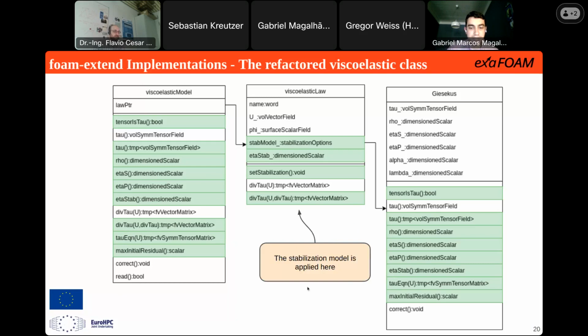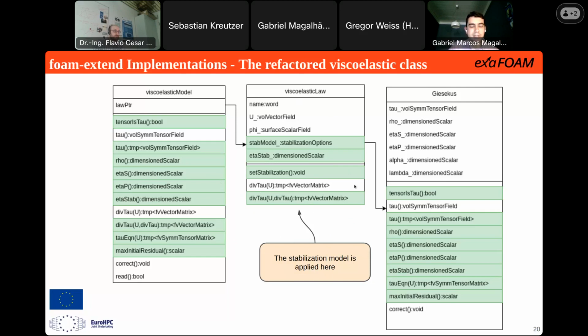Another important modification was in the divTau function, which returns the term that we insert in the momentum equation. In the previous version, we had one implementation of this function for each rheological model, but now we have just one implementation in the mother class. And the stabilization model is applied directly here.